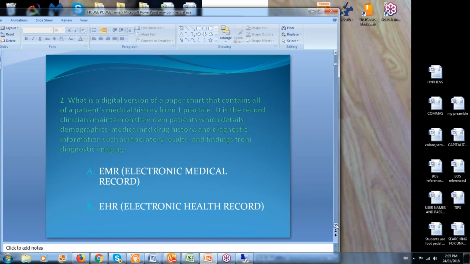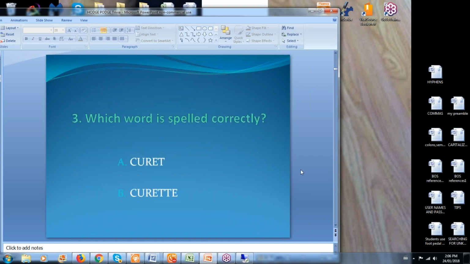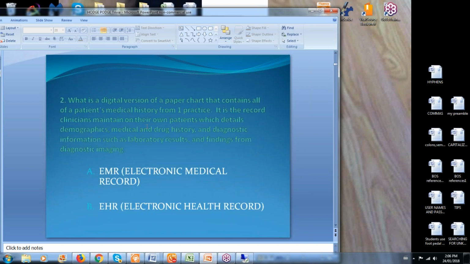So the answer for number 2 is actually A. It's electronic medical record. And here's the thing. An EHR is a health record of an individual that is accessible online from many separate interoperable automatic systems within an electronic network. See, there's the difference. An EHR is accessed from several different places, where the EMR is just one.